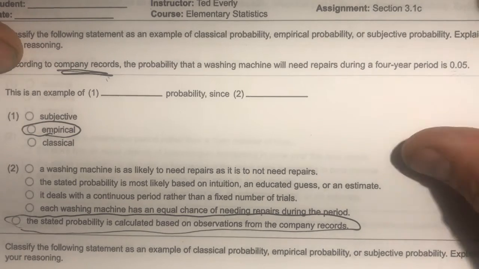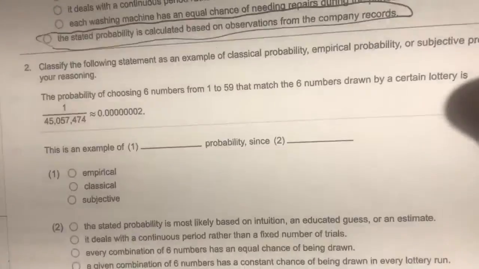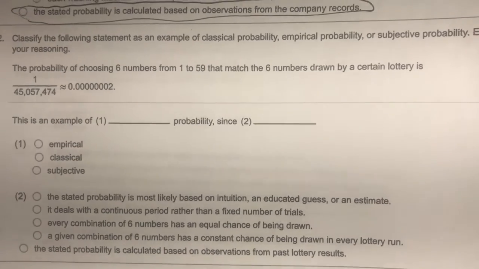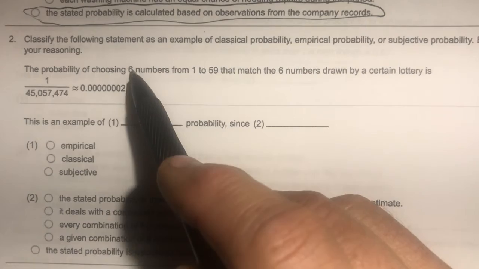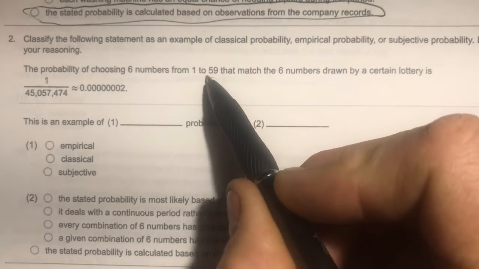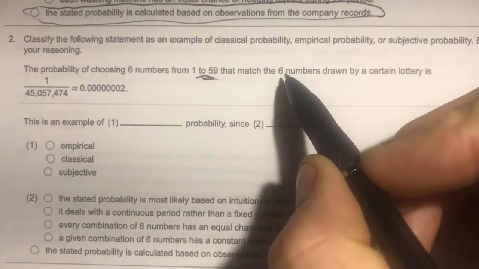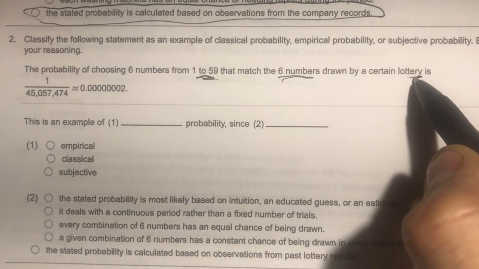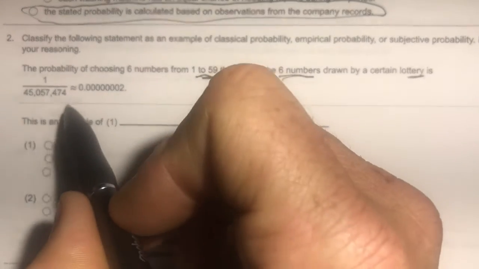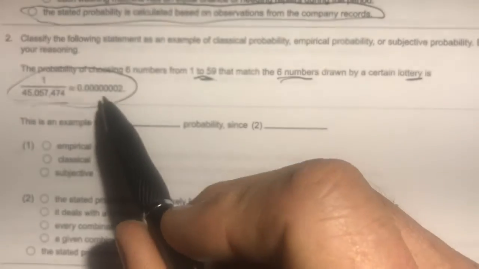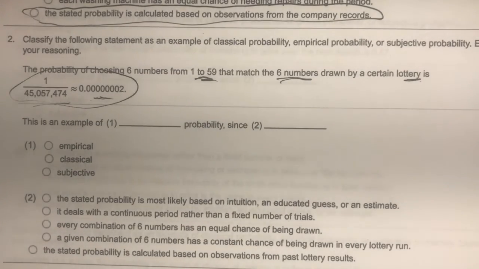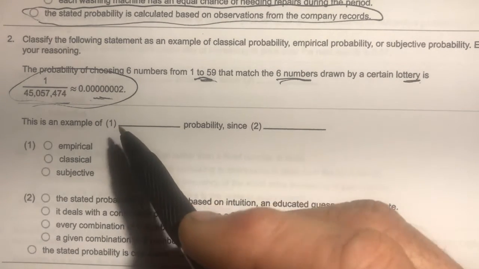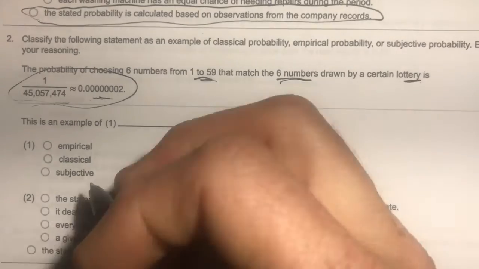Okay. Well, what about this next one, number 2? The probability of choosing 6 numbers from 1 to 59 that match 6 numbers drawn by a certain lottery is this right here. So this is your chances of correctly picking the 6 numbers of the lottery. This is classical probability.